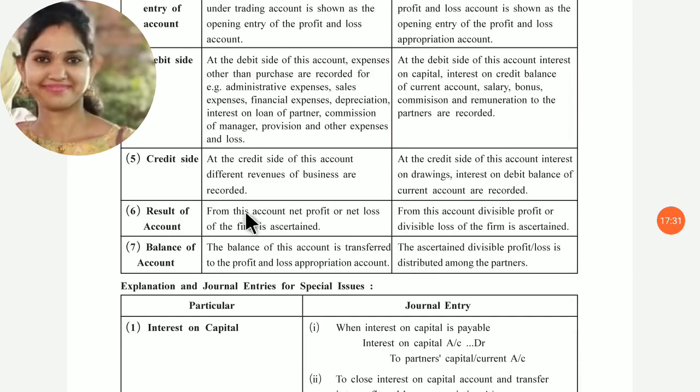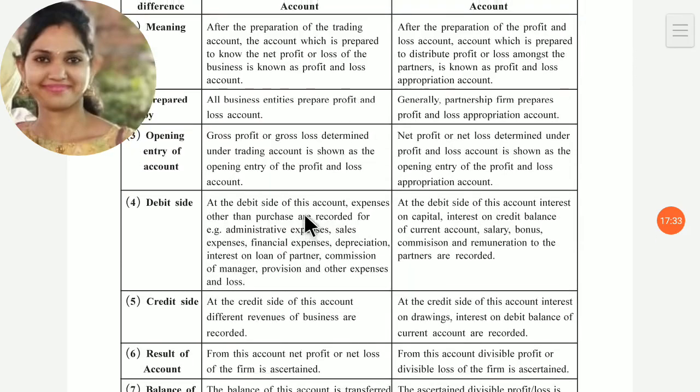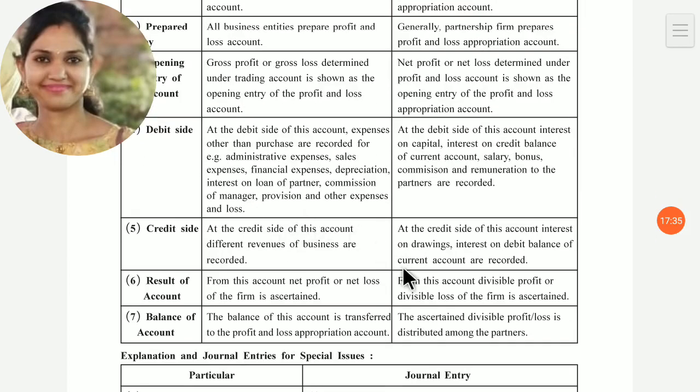Result of the account. What is the result of a P&L account? Net profit or net loss. So from this account, net profit or net loss of the firm is ascertained. From the appropriation account, divisible profit or divisible loss of the firm is ascertained. Very important thing: in the P&L account, whatever difference we get is named net profit or net loss.